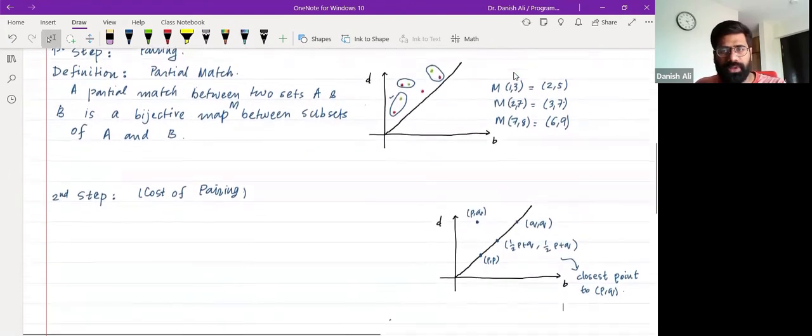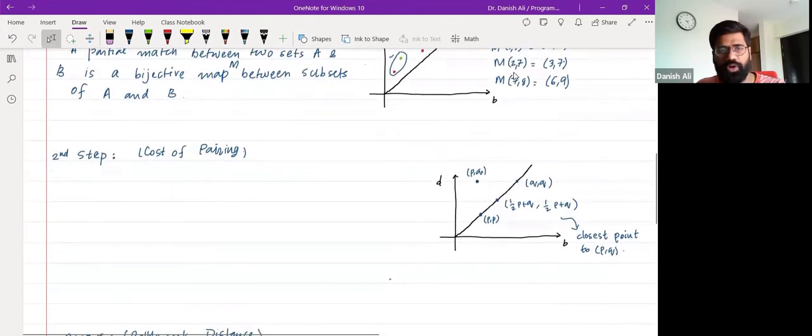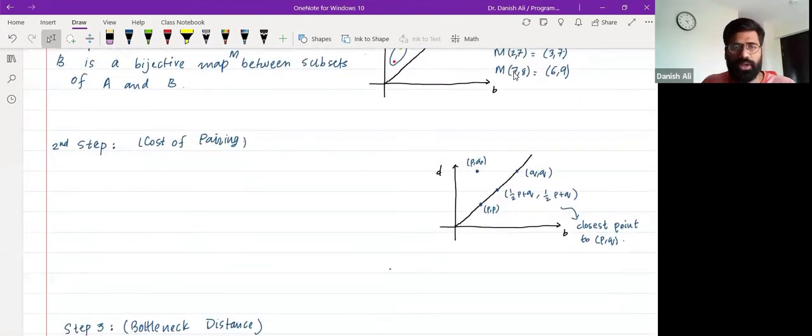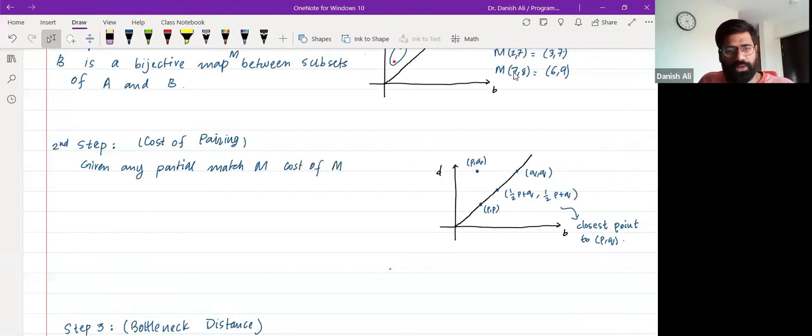So in the next step, we define the cost of this partial match. Given any partial match M, the cost of M, denoted by C of M, is defined as follows.